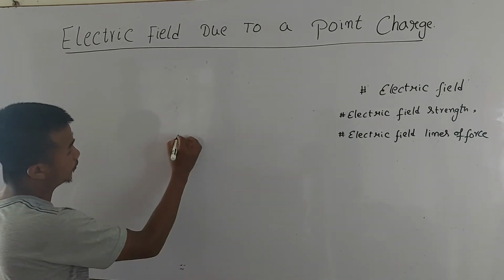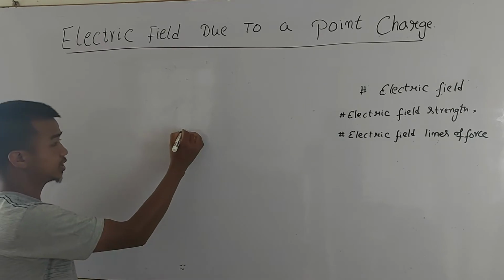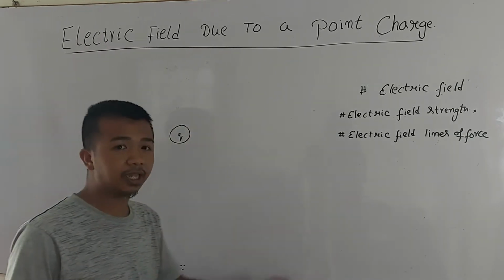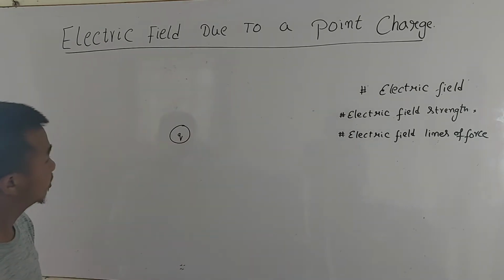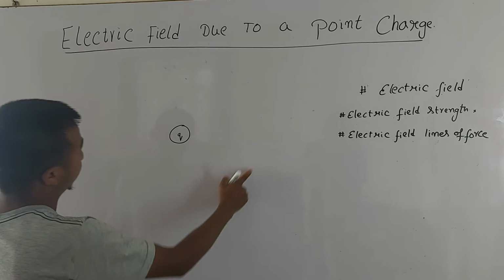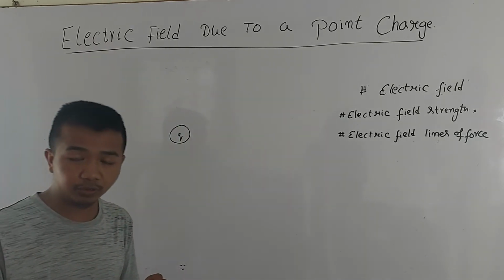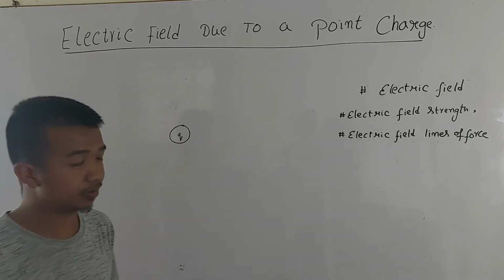If we have a charge or a system of charge, and if a test charge is brought in a region around this system of charge, it will experience an electrostatic force of interaction.